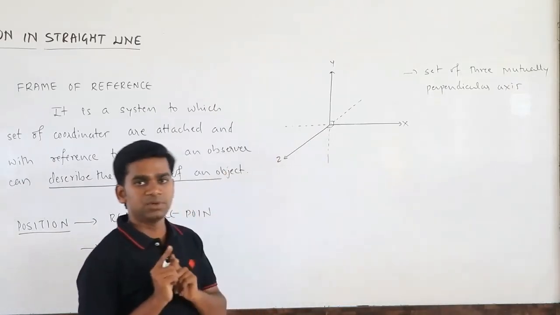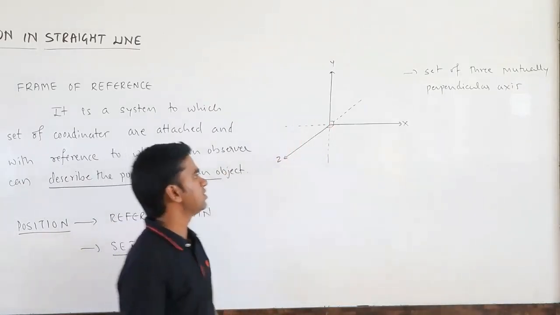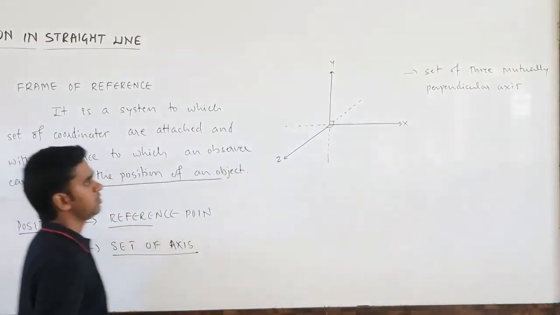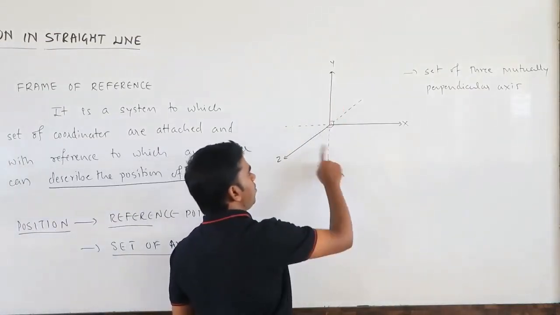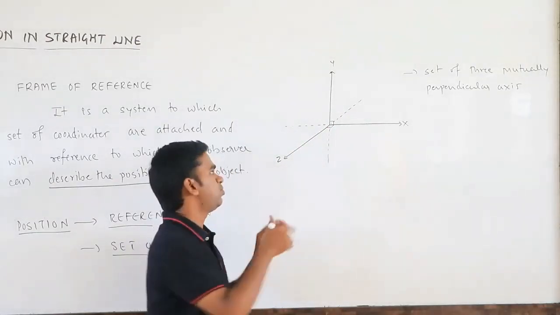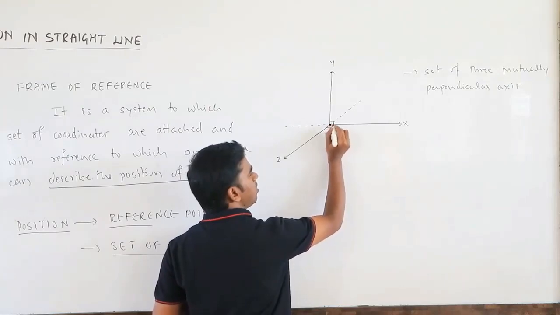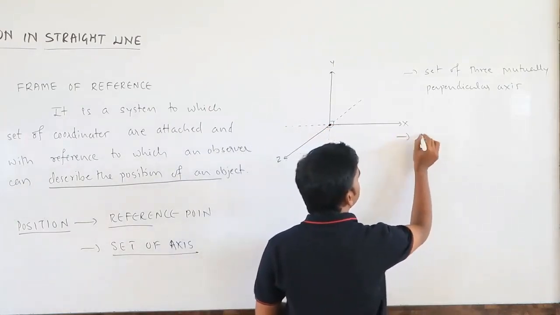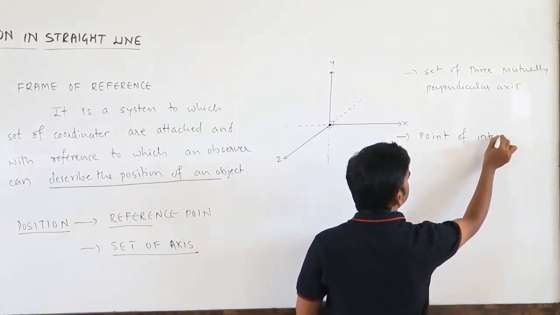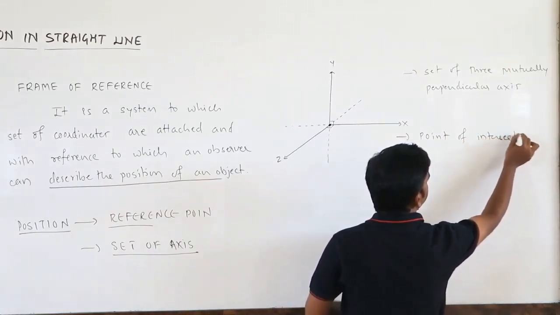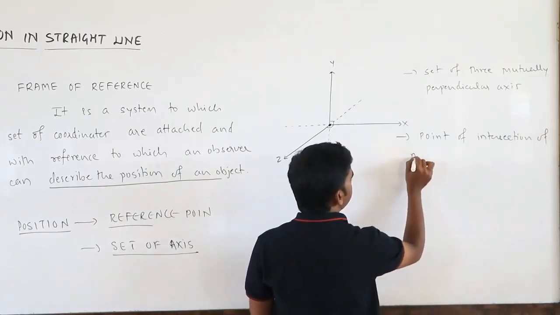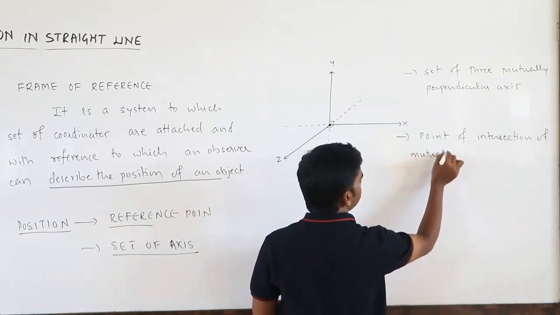To describe position, what is required? This is required first. Then a reference point is required. What is the reference point? The point of intersection where they meet each other.